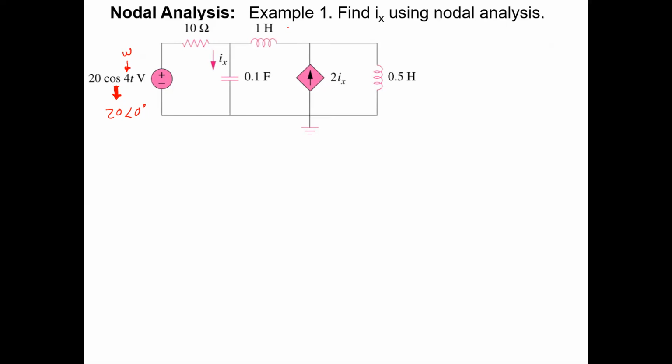The inductor has an impedance of J omega times 1, and since omega is 4, that's going to be J times 4. The capacitor has an impedance of minus J over omega C, and this is omega times 0.1, so that's going to equal minus J 2.5.